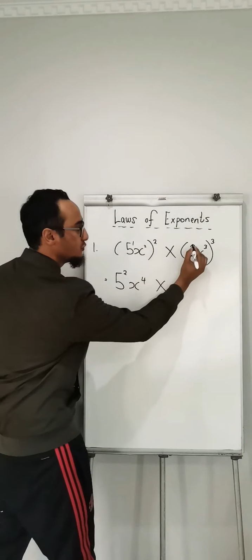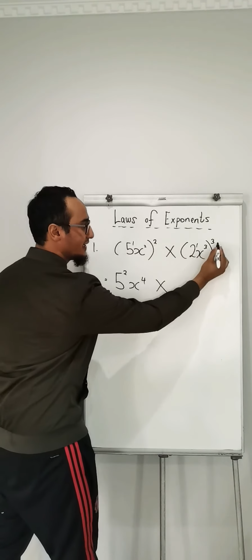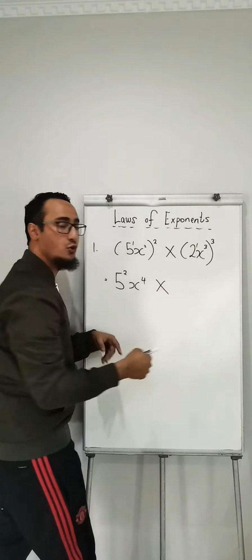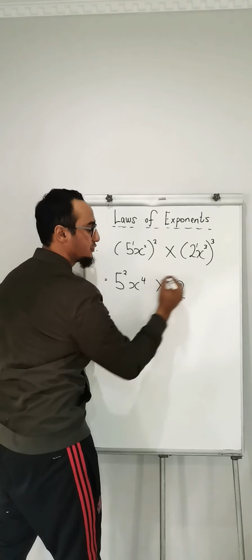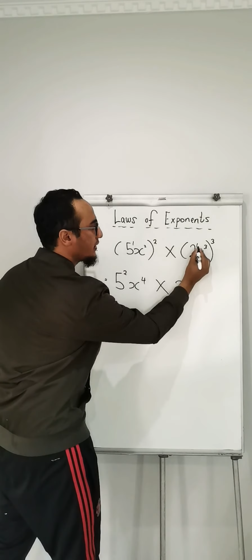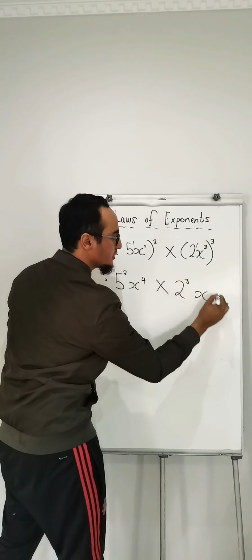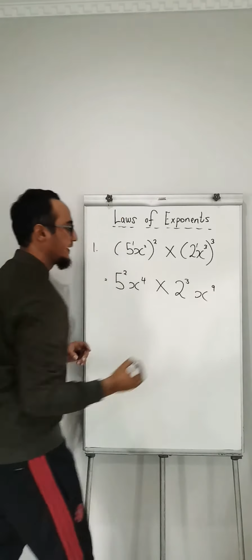Multiplied by 2 to the power of 1. Agreed? 2 to the power of 1 raised to the power of 3. What do I multiply? The base with the exponent or the exponent with the exponent? So that 2 will stay exactly the same. 1 times 3 is equal to 3. And then also the last one, 3 multiplied by 3 is equal to 9.